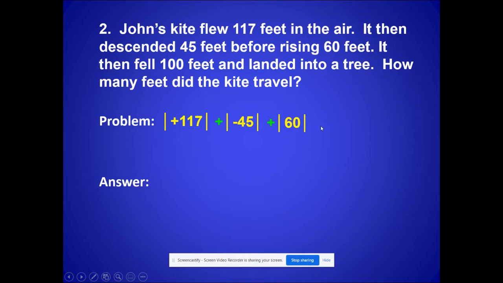So we're going to add the absolute value of a negative 100 because it fell. If it falls, that's a negative integer. Then we're going to take the absolute value of each of these numbers, which are all positive numbers, and we're going to add these together to see how far the kite traveled. When you add them together, you get 322 feet.